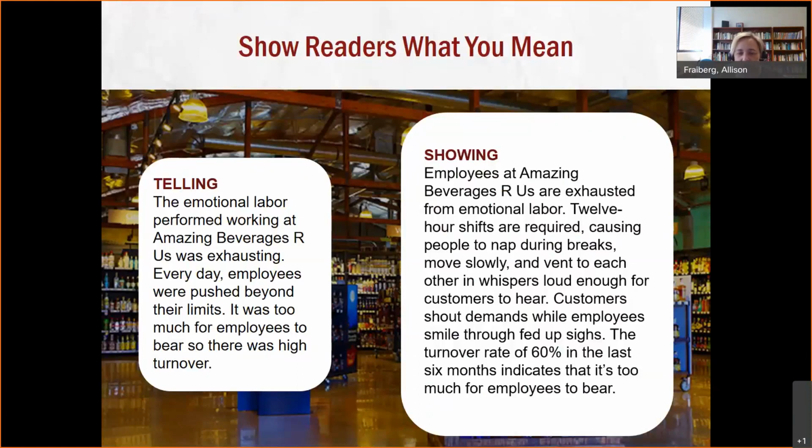Customers shout demands while employees smile through fed-up sighs. The turnover rate of 60% in the last 6 months indicates that it's too much for employees to bear. I'm showing you what I noticed so that it's clear how I arrived at the decisions here of exhaustion and being pushed beyond limits.